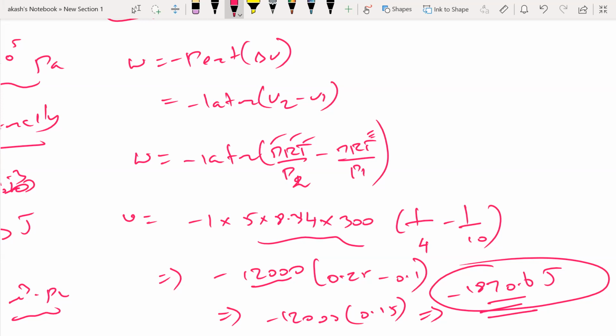The temperature of 1 mole of helium gas is increased by 2 degrees Celsius. Find the change in internal energy.